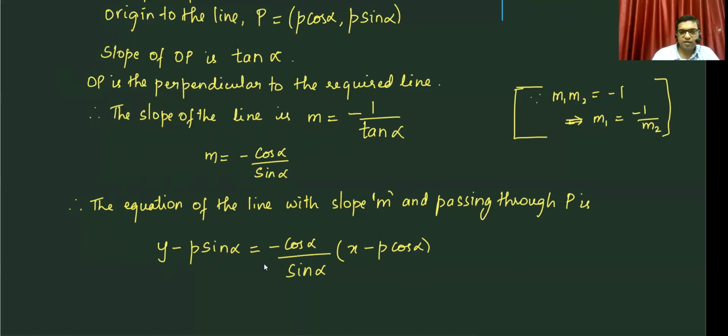That is, y minus y1 is equal to m into x minus x1, the point slope form. I have just written the point slope form.